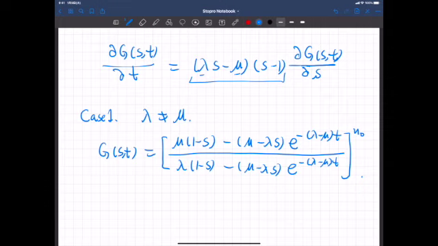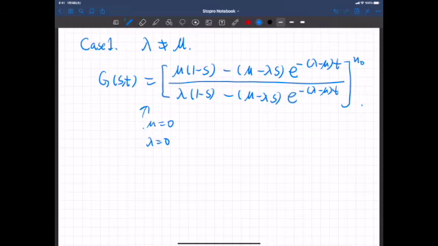Also, you should see that if you set mu equal to 0 in this equation, then it should become the same PGF as the birth process. And if you set lambda equal to 0 rather than mu, then it should be the same as the PGF of the death process. Can you see that? But anyway, this is the result.